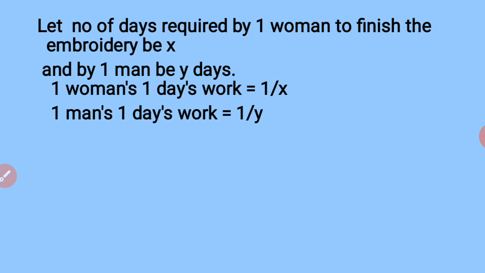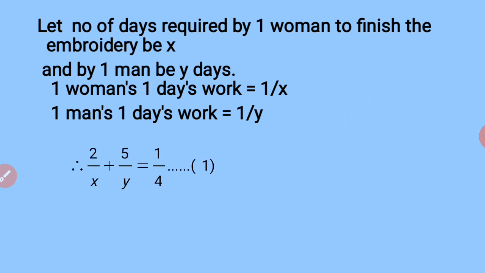We always calculate by using the 1 day concept or 1 hour concept depending on the time slot given. So convert everything into 1 day or 1 hour or 1 minute type of work. In this case, we are considering it to be 1 day work.